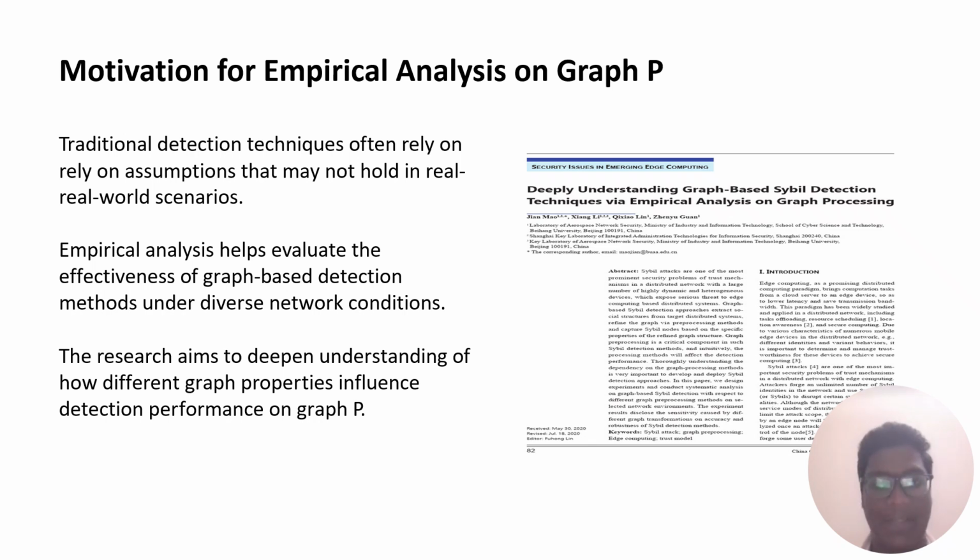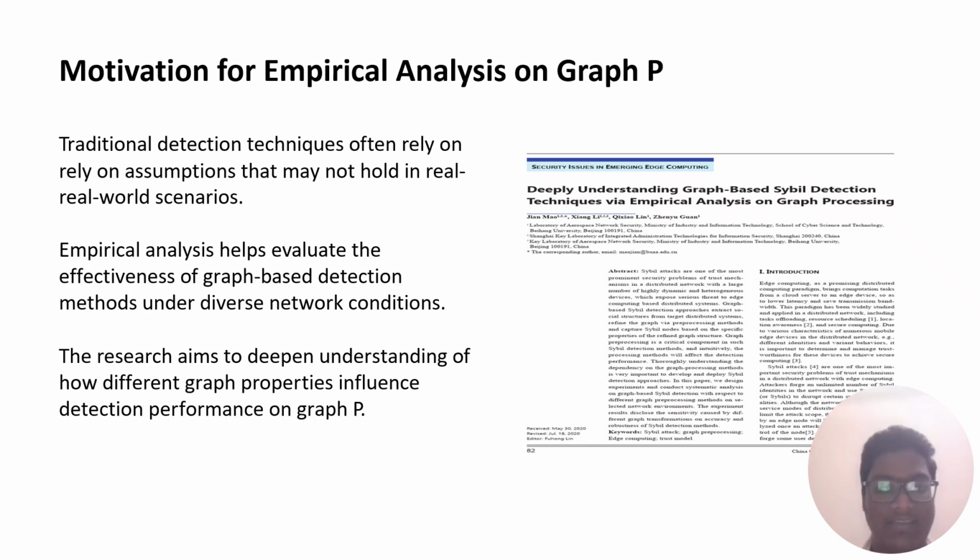Motivation for empirical analysis on graph P. Traditional detection techniques often rely on assumptions that may not hold in real world scenarios.